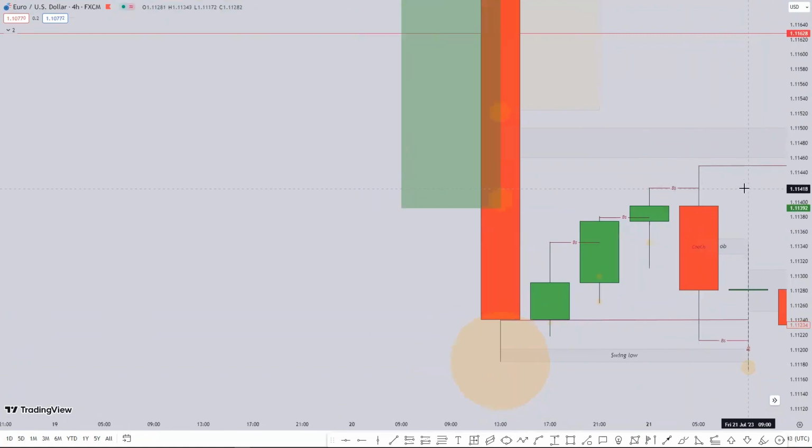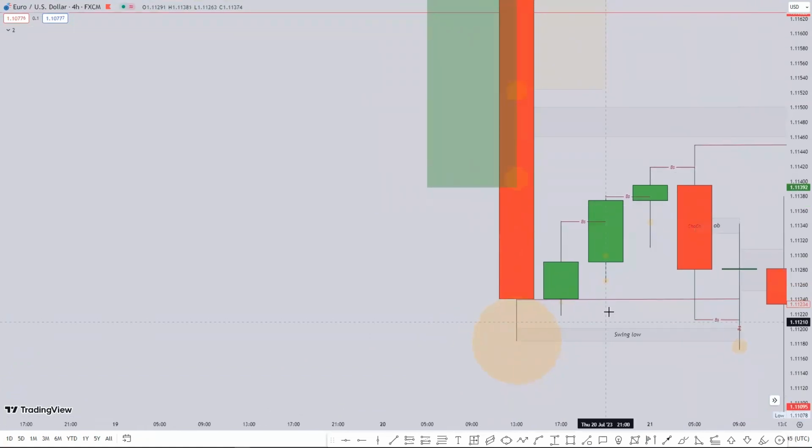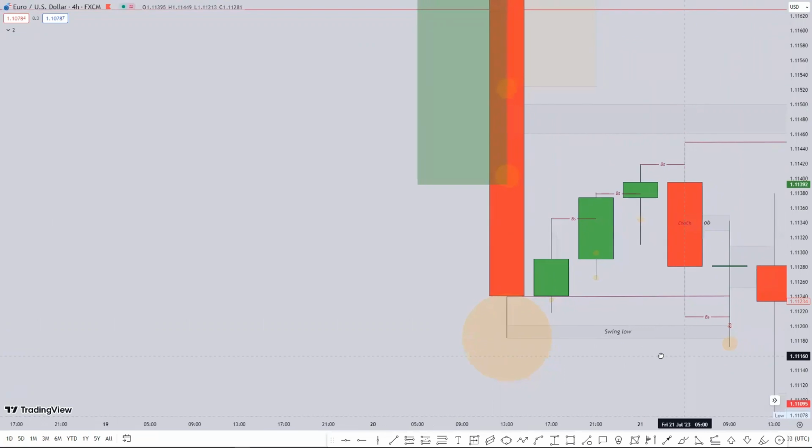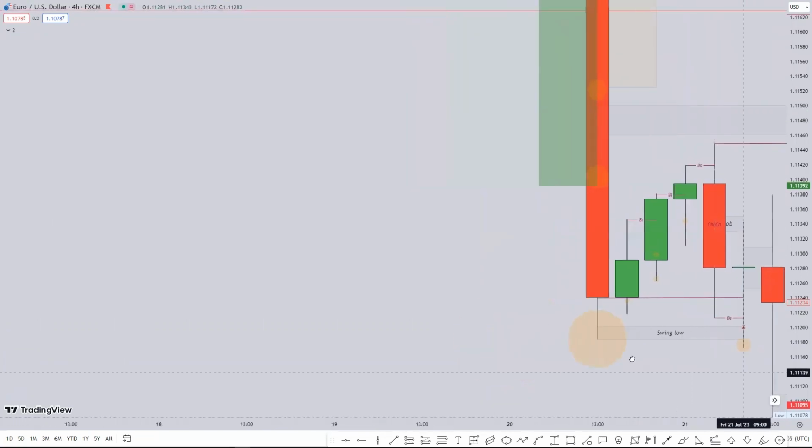So you can see that the next candle here did what? I've named this area OB based on the smaller time frame. On the smaller time frame, that's the 15-minute time frame, you will see an OB here. Your market traded in there and then rejected here, this swing low, followed by this candle.